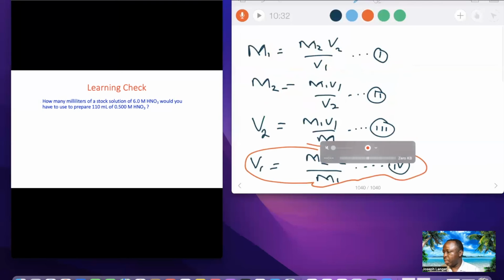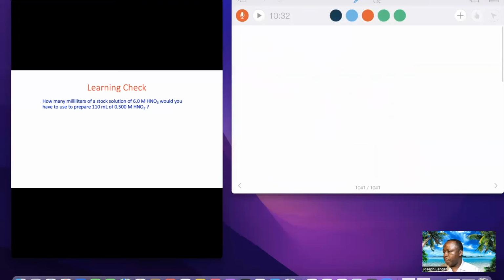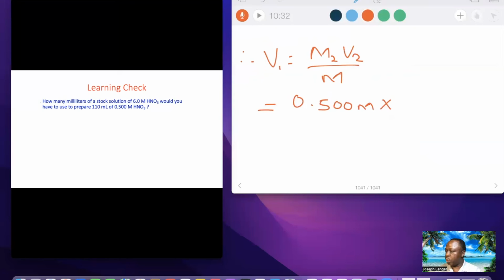So if I know that, therefore, V1 equals M2 V2 over M1, which equals 0.5, with 3 significant figures, times V2, which is 110 ml, over M1 here, which is 6.0.